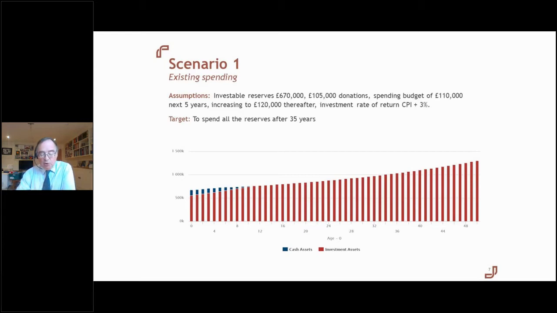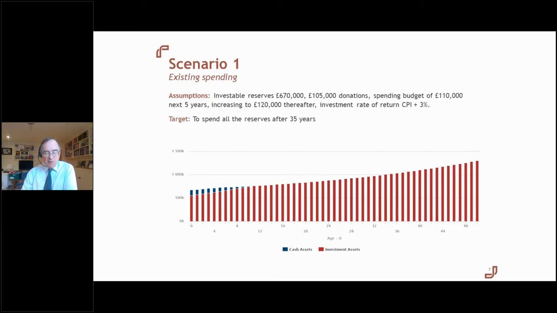Now, the trustee's goal was to spend all the assets over 35 years, and we helped them work out a realistic investment return target of CPI, so Consumer Price Index inflation, plus 3% after all costs.